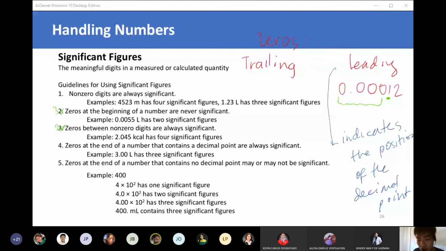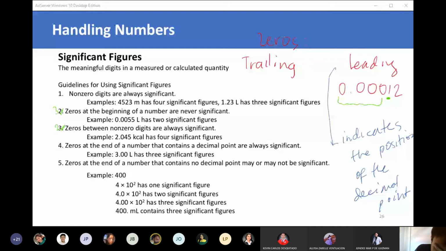That's their only purpose in life. They just indicate the location of the decimal point for you to see what type of number it is. So that's leading zeros. Trailing zeros, on the other hand, are zeros after the last significant figure.